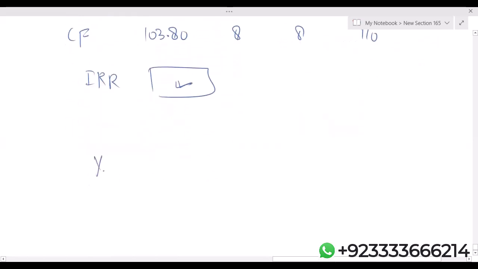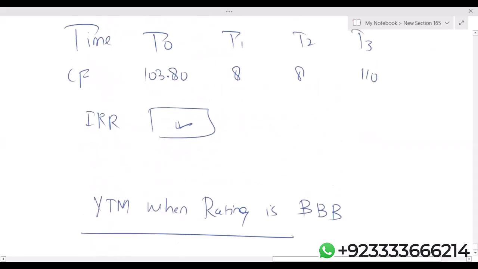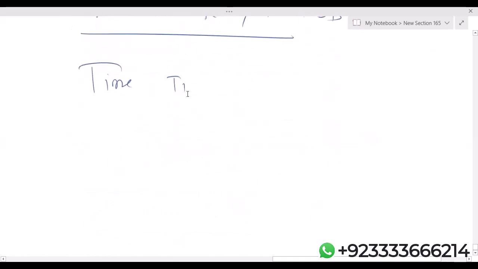Again, you will be calculating YTM when rating is triple B. T0, T1, T2, T3.